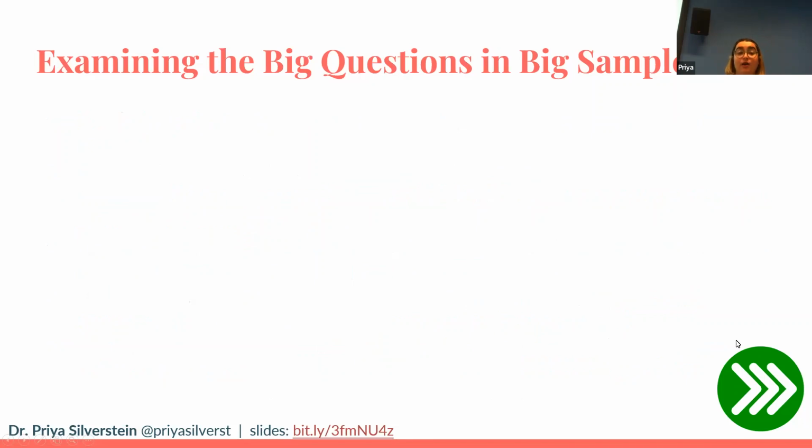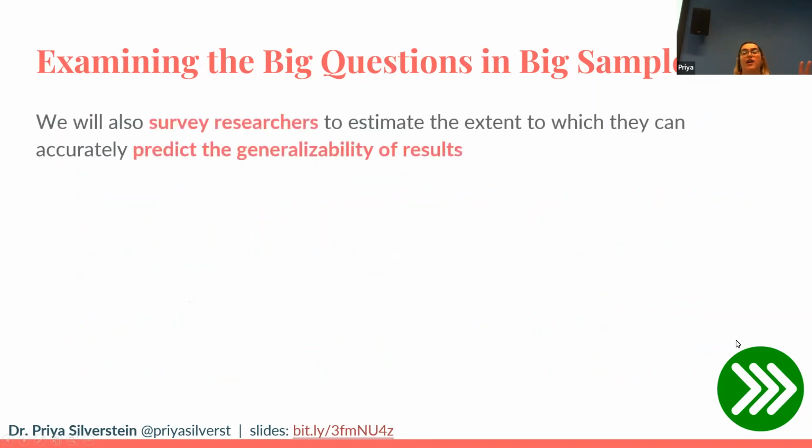And then the bit that I'm super excited about, not that I'm not excited about that, is we're also going to be surveying researchers to estimate. In the SCORE project, we're getting people to predict whether things will replicate or not. In this project, we're looking at whether they can predict whether things will generalize or not.